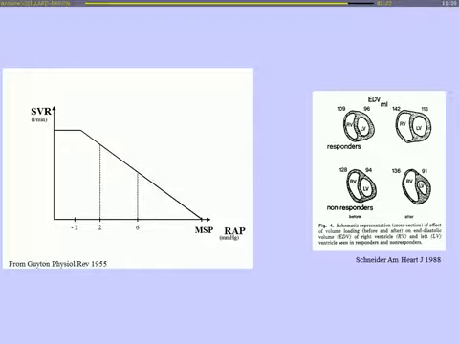In case of right ventricular failure, the CVP is increased, and so if you follow the Guyton curves, you understand that the systemic venous return decreases and fluid expansion is useless. This was especially demonstrated in this study, and you can see that patients who were not responders to fluids actually had a dilated right ventricle compared to the patients who were responders to fluids. So when the right ventricle is failing or is dilated, fluid is useless.